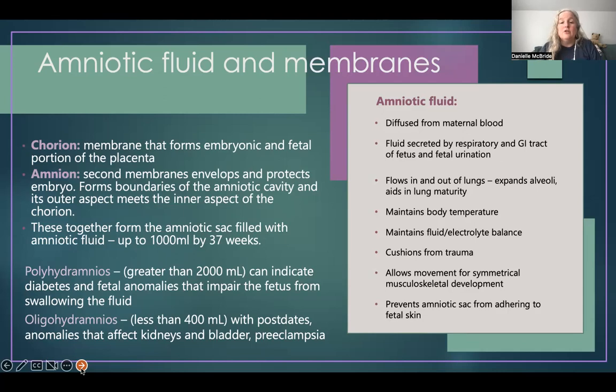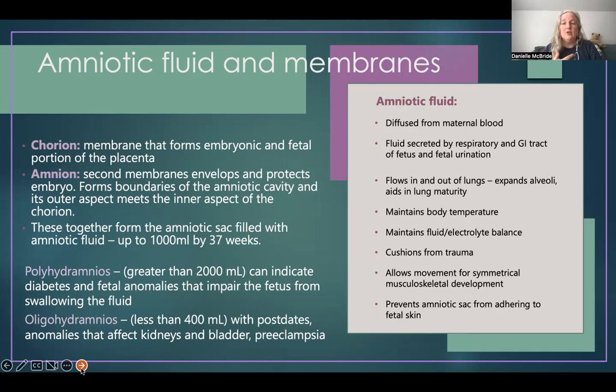So all of this amniotic fluid is around the baby, and it stays inside. We have the placenta, and then we have these membranes that come all the way around, kind of like a water balloon. The baby's inside here, and the amniotic fluid is in that. The membranes surrounding are the chorion and the amnion.